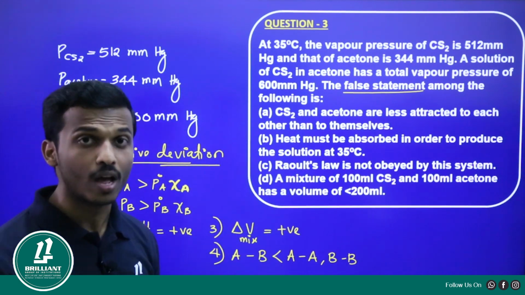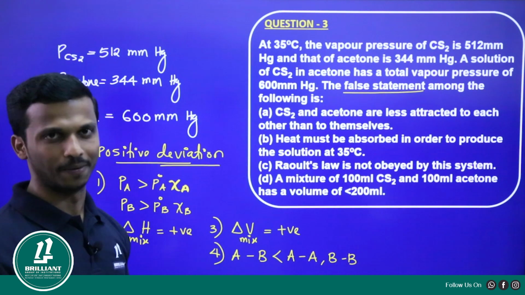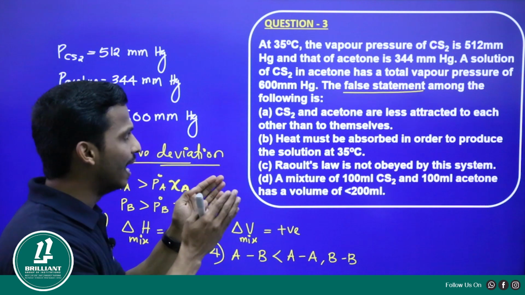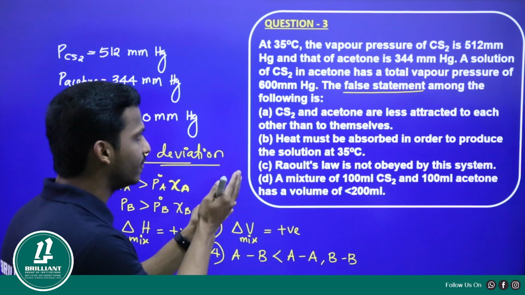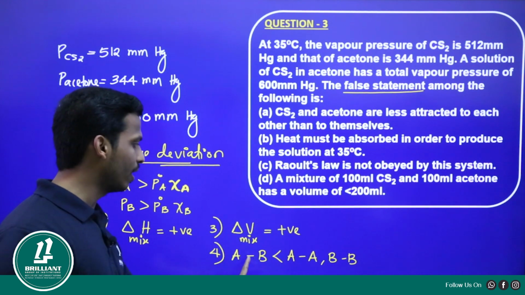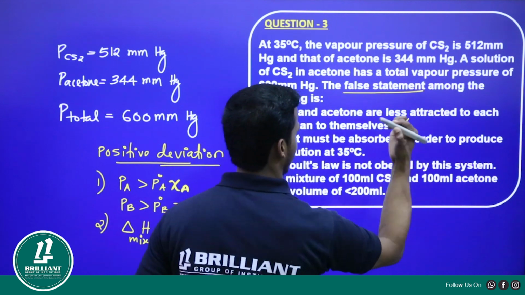That's the point for positive deviation. Now let's go with which is the false statement here. Option A, CS2 and acetone are less attracted to each other than to themselves, right? This point, their interaction will be weaker than themselves. So this one is a correct statement.